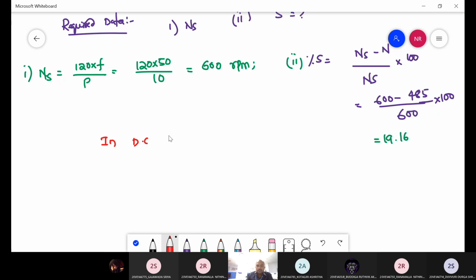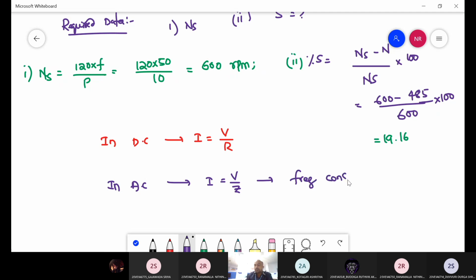In DC, the current I is equal to V by R. Whereas in AC, I is equal to V by Z, because the frequency is considered.